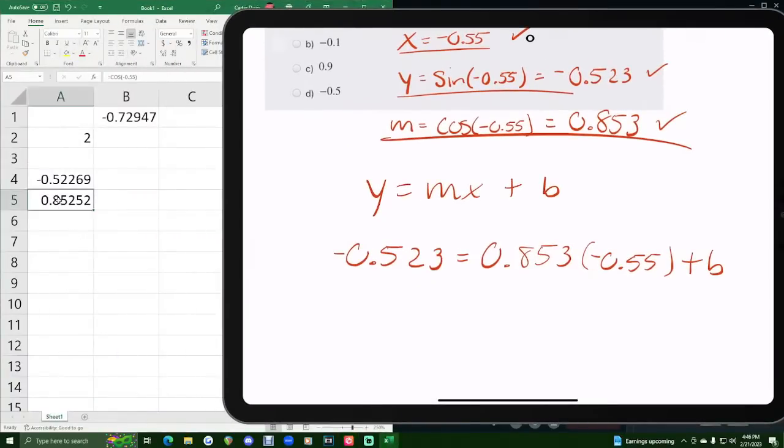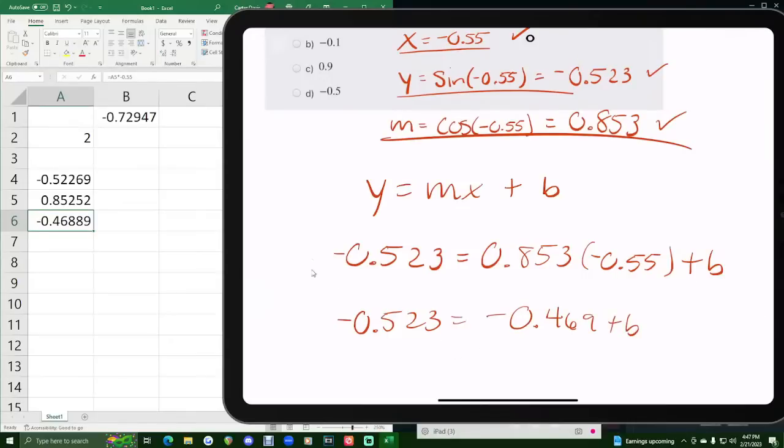So we have this value here, and then we'll multiply it by negative 0.55. And we get negative 0.469 plus b, and then we'll just add 0.469 to both sides.